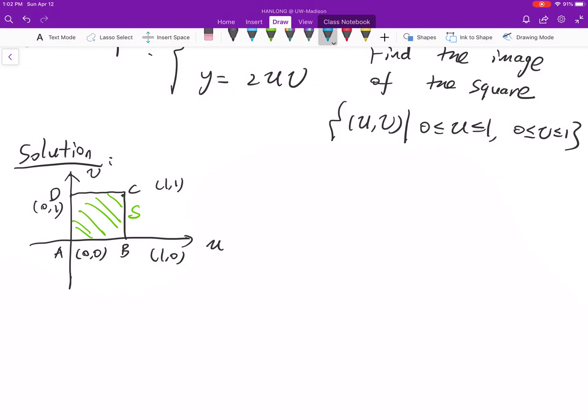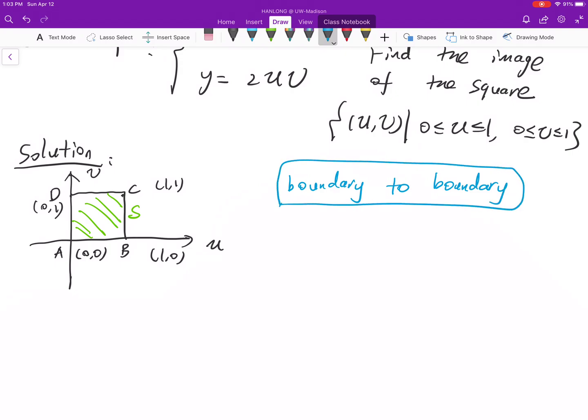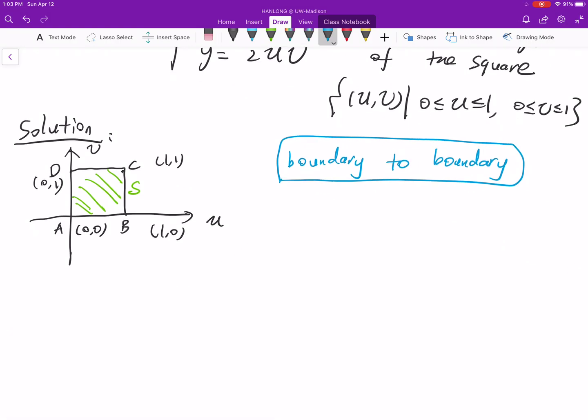We should keep in mind that to determine the domain, the fundamental principle is to figure out its boundary. The boundary always maps to boundary, at least in this course.